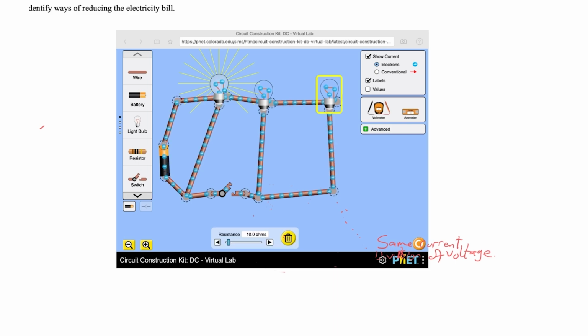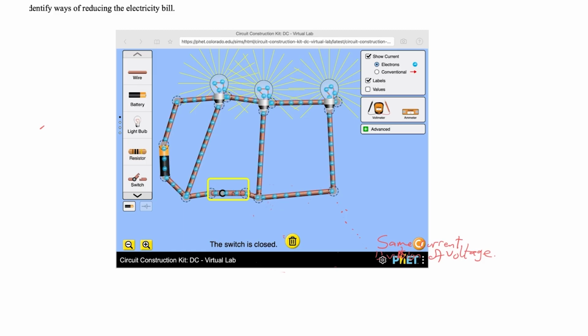In order for us to understand this, let us look at the flow of current. When you switch on the switch, we see multiple paths of current. It flows through this path, that path, and another path, the last path.